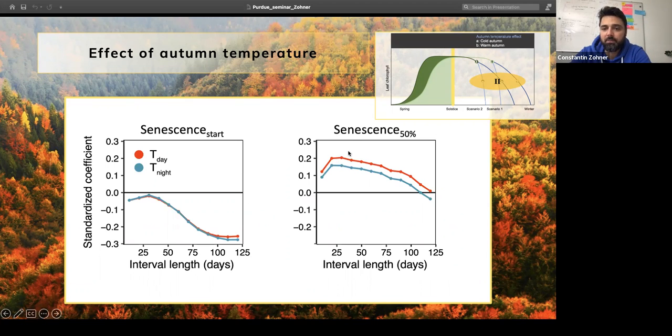What we see here with the senescence 50 date is that the period 1 month before the average autumn senescence date is always the period with the highest correlation with senescence dates, and it's positive. Whereas for the start of senescence, we never get any positive correlation, basically showing that the start of senescence is really independent of autumn temperature.